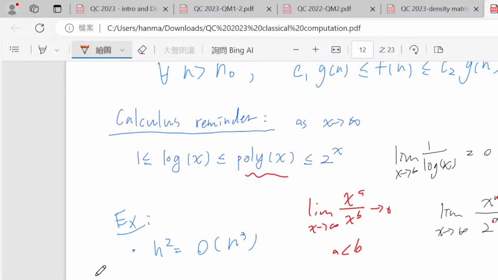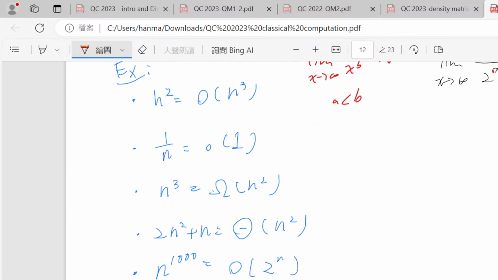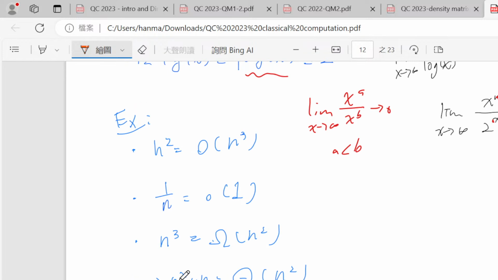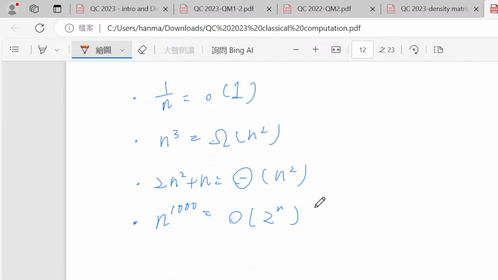Also, as we said, exponential is bigger than any polynomial. So n to the 1000 is still big O of 2 to the n.